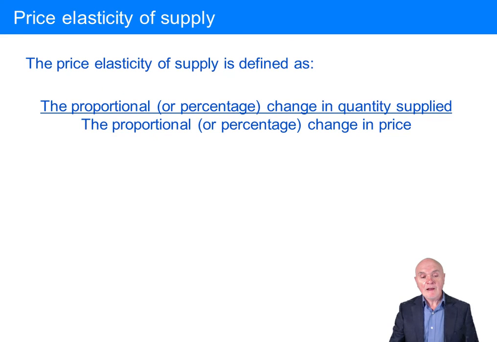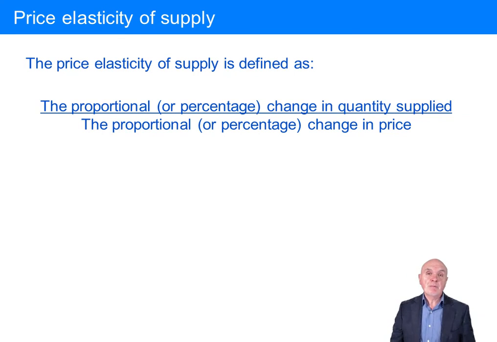First of all, there's a price elasticity of supply here. The price elasticity of supply, again, is proportional. It's the proportional change in the quantity supplied over the proportional change in the price.